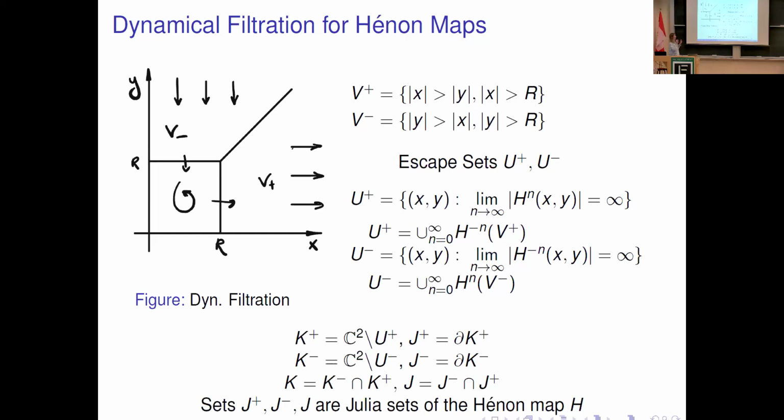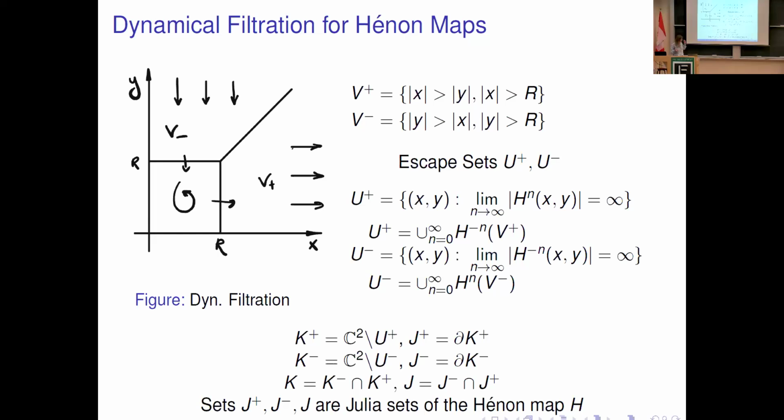Now in this case, we have several Julia sets and several filled-in Julia sets. We look at K plus, which is the complement of the forward escape set, and its boundary is J plus. The same for K minus and J minus, and then we look at the intersection of K plus and K minus, which is K, and its boundary J. The sets J plus, J minus, and J are all called Julia sets.